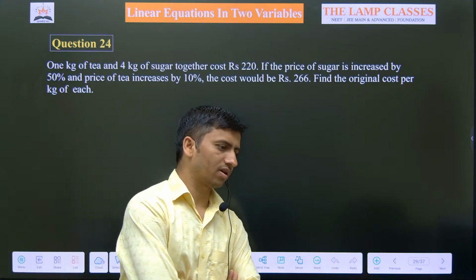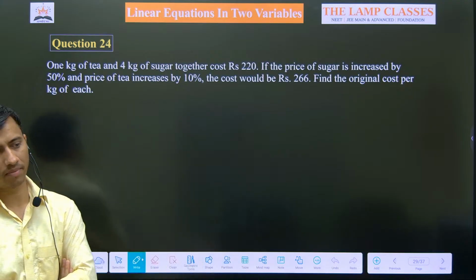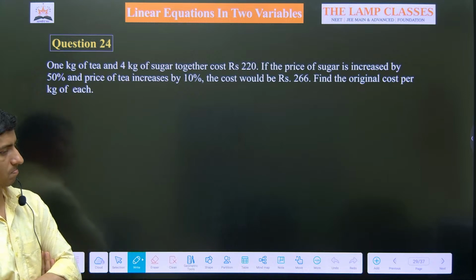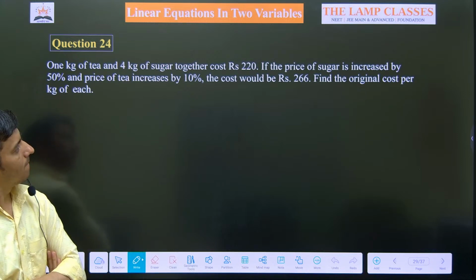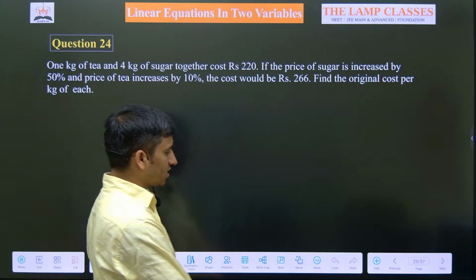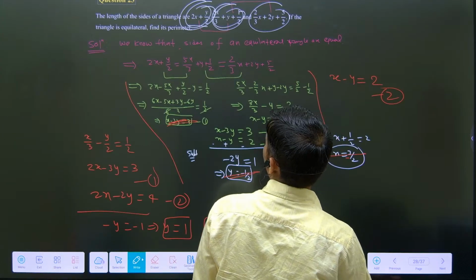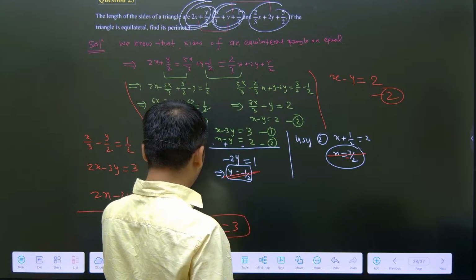Yes, Tanvika, you can take any 2 equations at a time and solve. If they ask you to find the side length, oh, did they ask? Yeah, find the perimeter, right? That was the question. You're right.